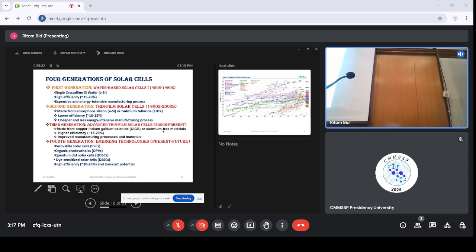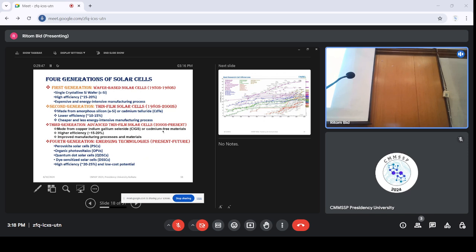So these are some generations of the development of the solar cell. The time scale is roughly mentioned, so don't take it very seriously. But you know that the single crystalline silicon wafer is the first generation of solar cells, and the second generation is the thin film solar cell, with amorphous silicon as well as cadmium telluride.